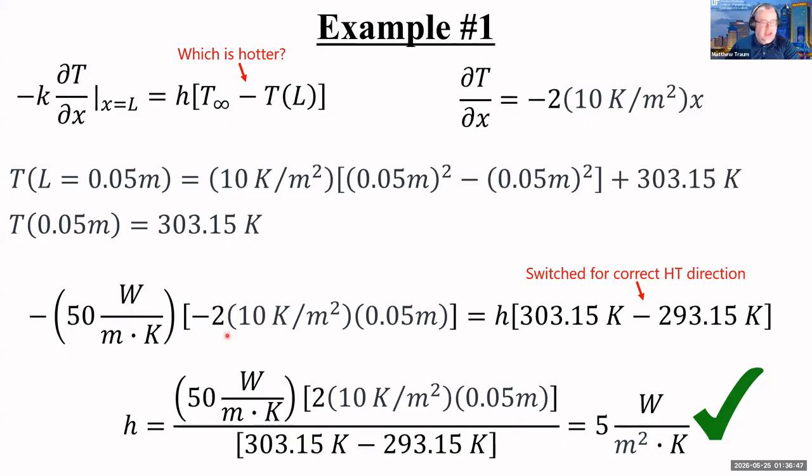Here's dT/dx, so minus 2 times 10 Kelvin per meter squared times, that's my X value at L, 0.05 meters. And this equals my convection coefficient, which is what I'm actually trying to solve for, multiplied by T_L and this is T infinity, right? And again, I switch them because in the way that I do it, I always want my convective heat transfer to be positive.